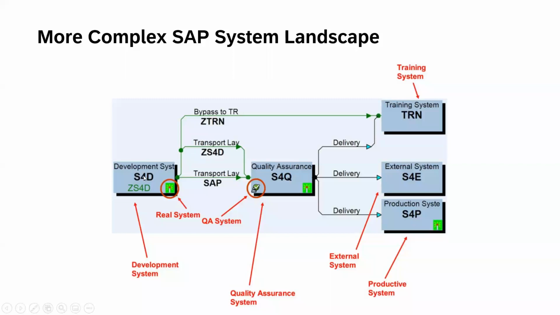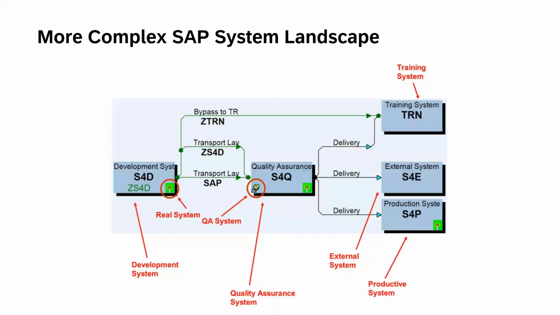Here from your development system, for example, you are doing some customizing for your training system also. Now, for example, you have the same example that you asked for. You have 2 quality systems, and both have different setups and different requirements.